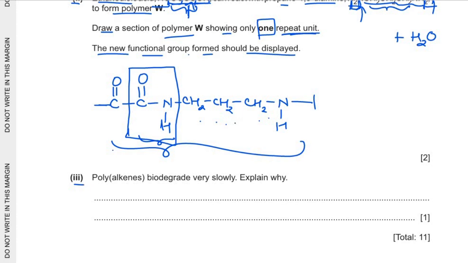So here the next part is polyalkenes biodegrade very slowly. Explain why. Now as we have already seen, polyalkenes have C double bond C, which then polymerizes continuously on all these sides.